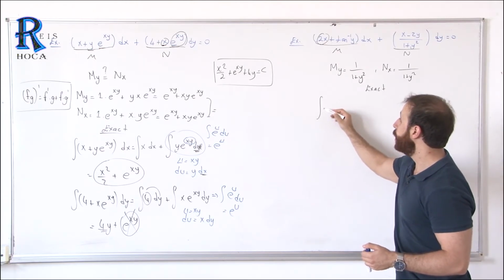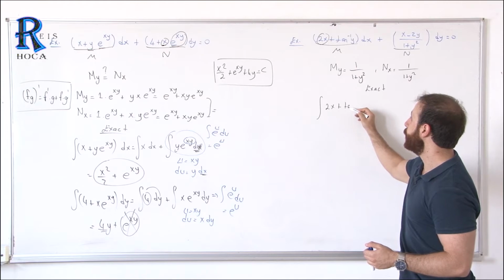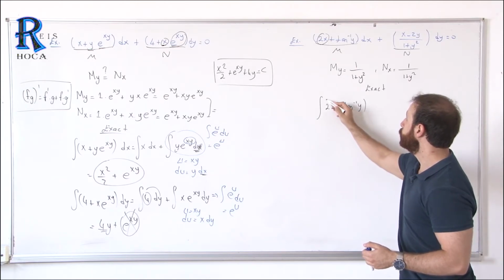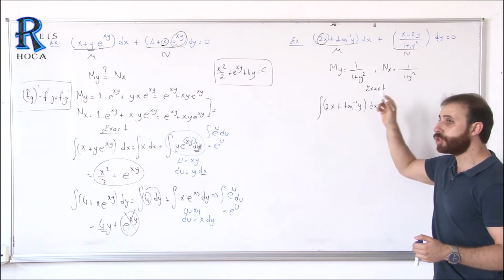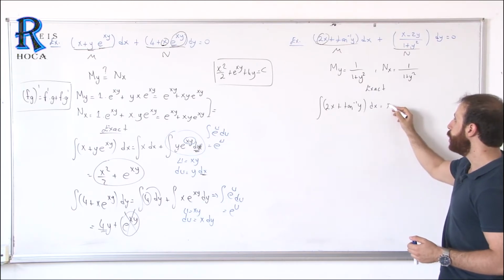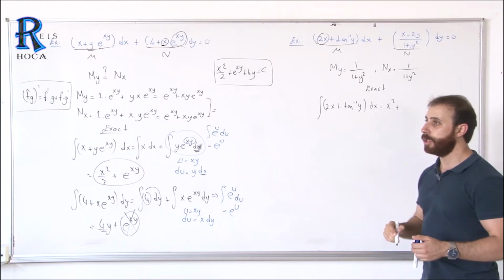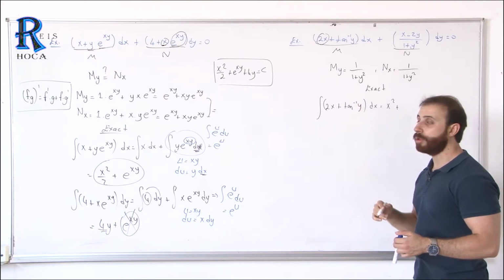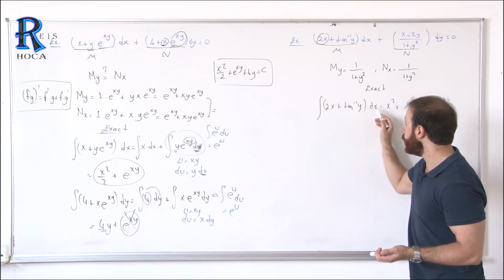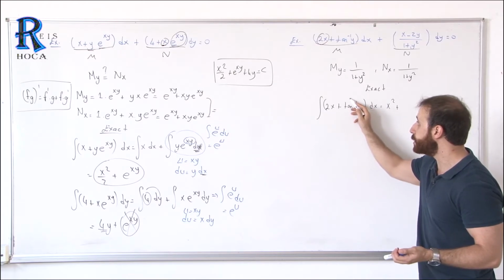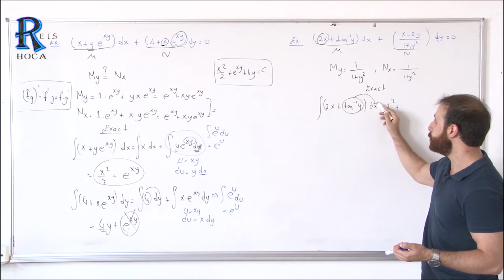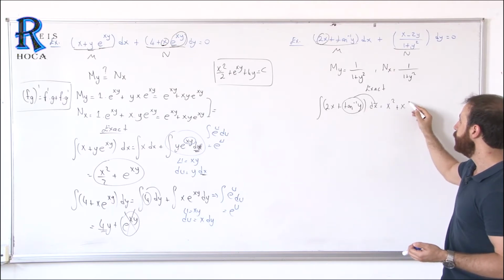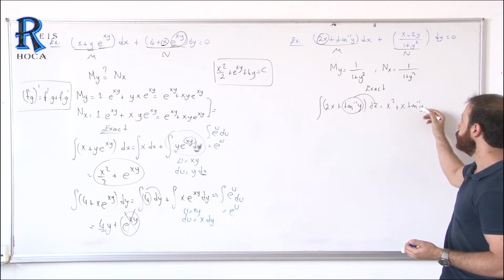Let's take the integrals separately. With respect to x, the integral of 2x dx is x square over 2, x square plus tangent inverse y. So we are taking with respect to x. There is no x here, so this is constant. The integral of a constant is the constant itself times the variable. That is x times tangent inverse y.